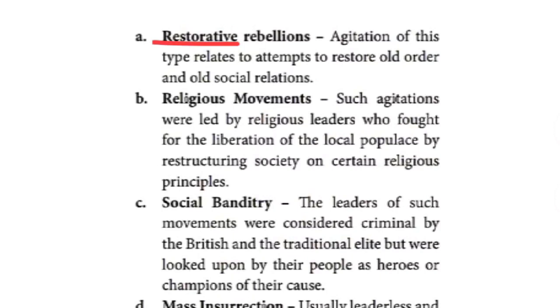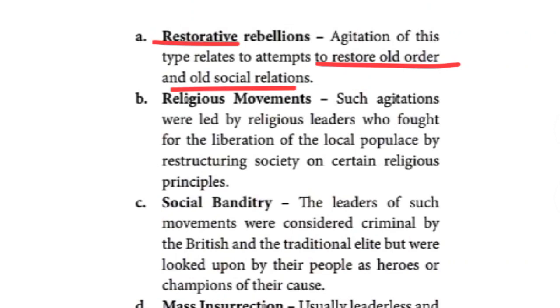That is called restorative rebellion. Agitation of this type relates to attempts to restore old order and old social relations. Restore in the sense, bring back the same customs and traditions of Indians. That's what the Indians fought for against the British government.